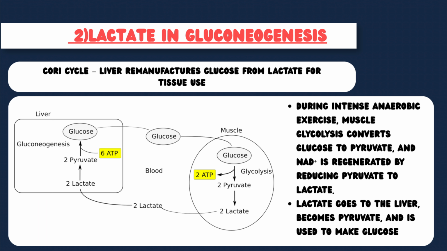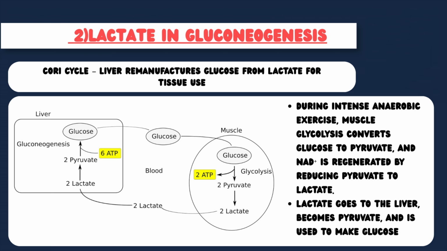Let's start by looking at the second substrate we just talked about, lactate. So, the Cori cycle is where the liver remanufactures glucose from lactate for tissue use. During intense anaerobic exercise, muscle glycolysis converts glucose to pyruvate, and NAD+ is regenerated by reducing pyruvate to lactate.